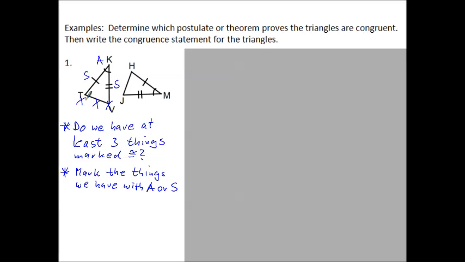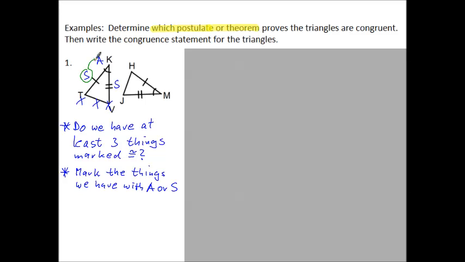And now in order to determine which postulate, remember not just that it's congruent, but which postulate or theorem proves it, we now have to go with our letters and see which one it actually is. We can start, for example, at this S, and now the thing is we can never go across more than one X. So here we have 3 X's next to each other, so we can't go in that direction.